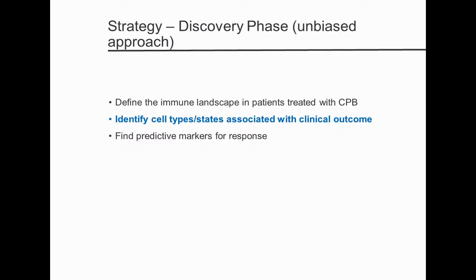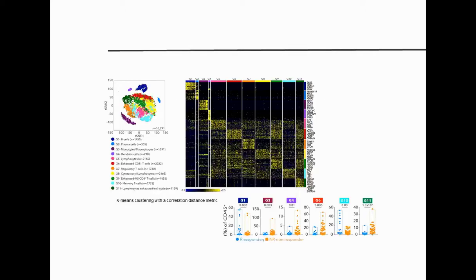The next question we wanted to ask ourselves was which of those cell types and states are actually associated with clinical outcome. When performing this analysis, we saw that 6 clusters were associated with either bad or good clinical outcome. The B-cell cluster was more enriched in the responder compartment.